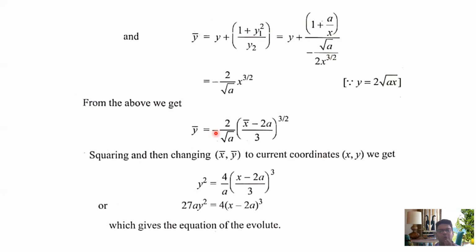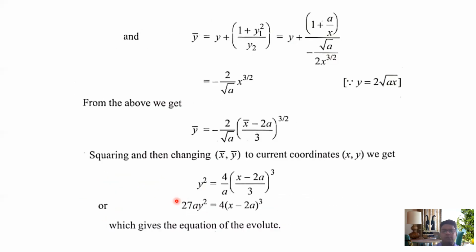Then squaring both sides, what you have? y square is equal to 4 by a into x minus 2a by 3 whole to the power cube. That is, after simplifying, 27a y square is equal to 4 into x minus 2a whole cube, which gives the equation of the evolute. Very easy example.